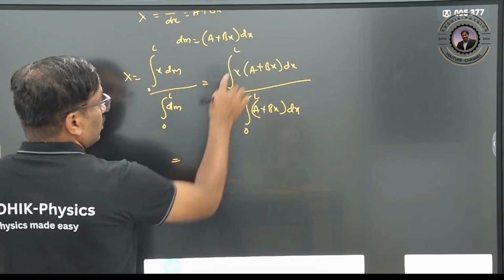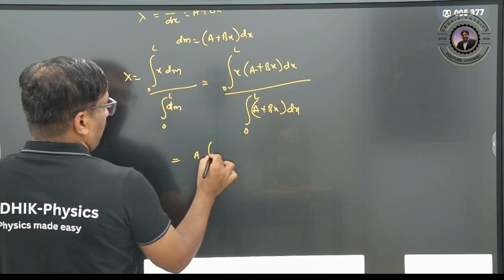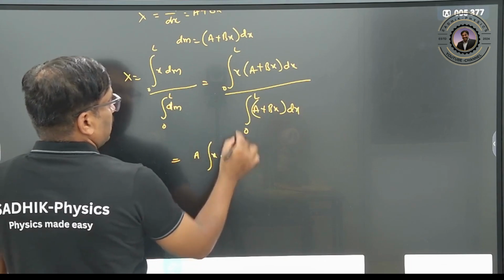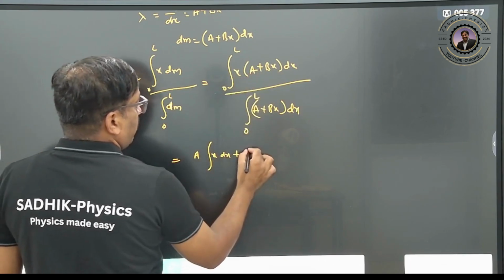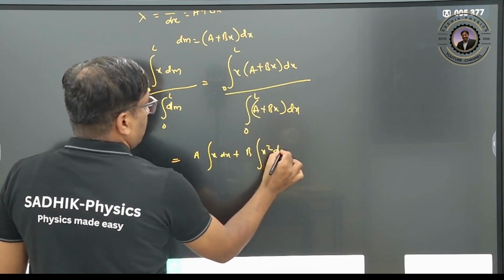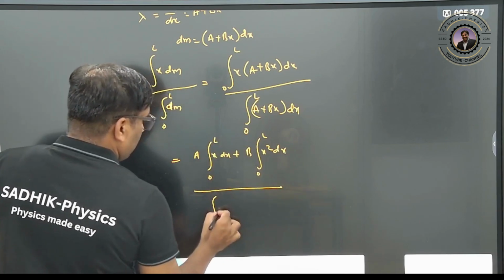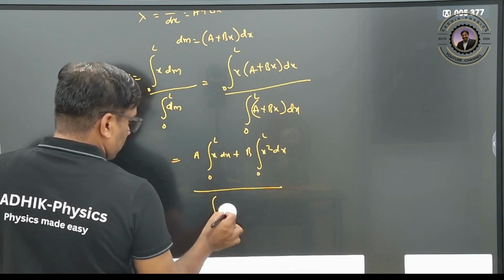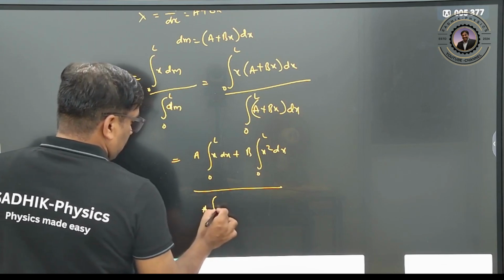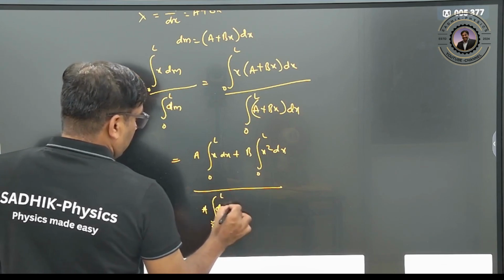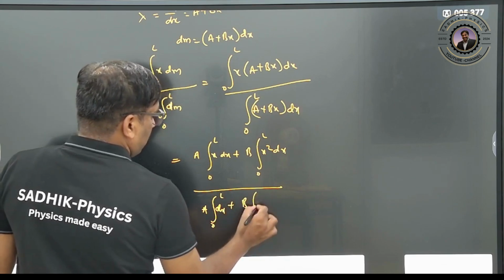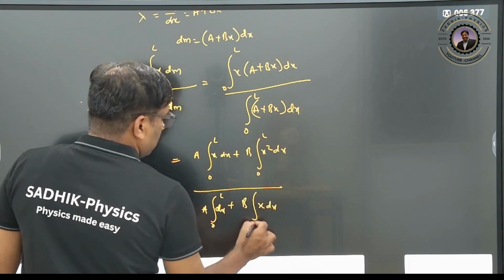So here a into x dx plus b into x square dx, 0 to L, divided by integral a into dx, 0 to L, plus b integral x dx, 0 to L.